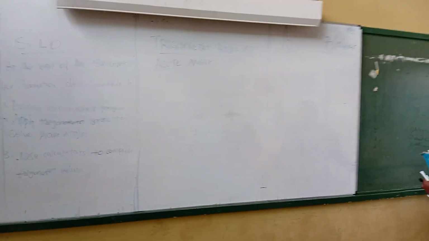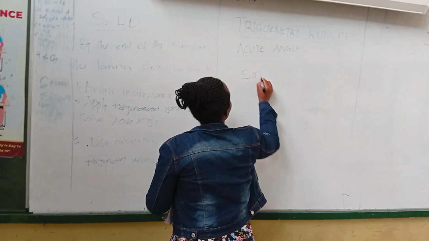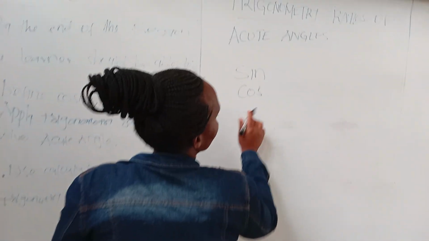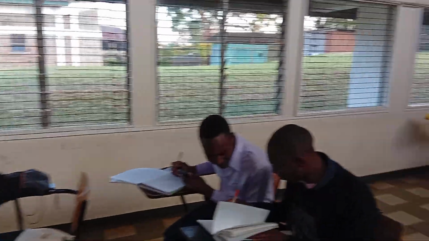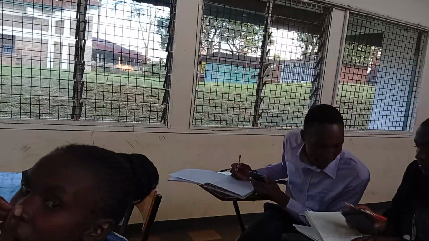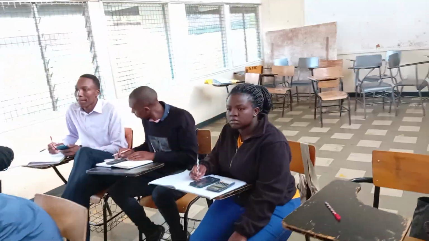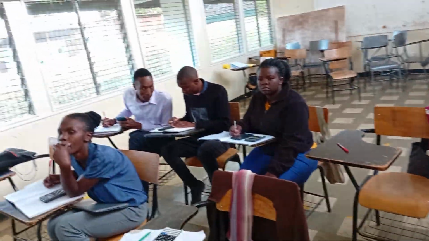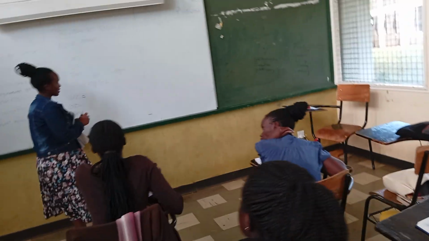Using the three trigonometry ratios of acute angles, sine, cos, and tan, we can use SOHCAHTOA. We have sin theta, cos theta, tan theta.